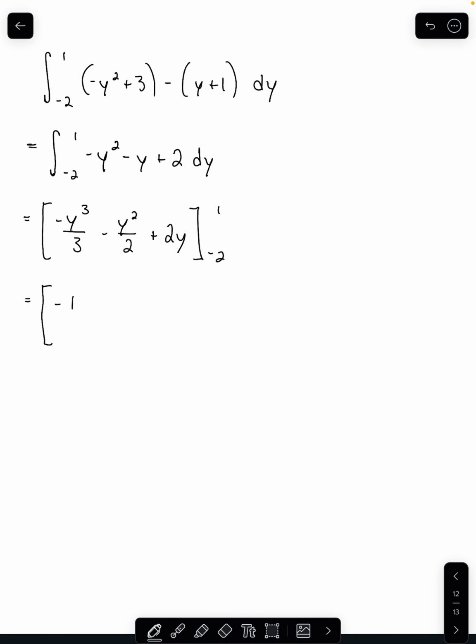One cubed is, of course, 1 with the negative in front. 1 squared is, of course, 1. And 2 times 1 is 2. Unfortunately, we can't get away with that quite the same with the second limit of integration here. However, not that big of a deal.